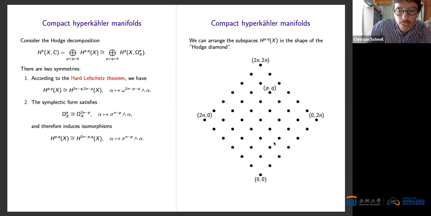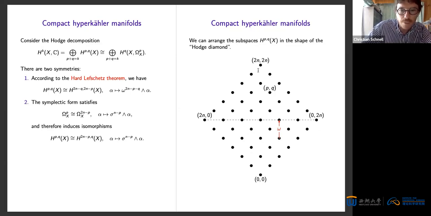Okay, and then the first symmetry, the Hard Lefschetz theorem, works like this. Wedge product with the Kähler form omega moves you up 2 steps like this, because both P and Q increase by 1. And then Hard Lefschetz is a symmetry around this horizontal diagonal here, right? It's saying that every H^{P,Q} space below this diagonal is isomorphic to the corresponding space above the diagonal.